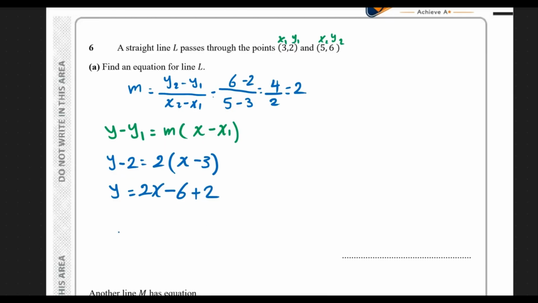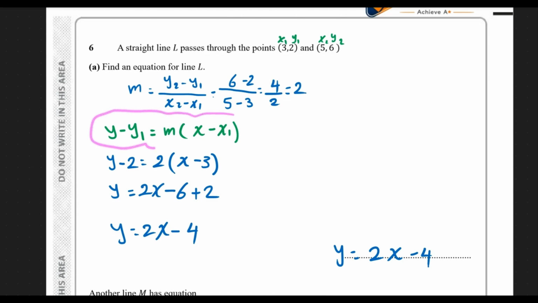So the equation now is y equals 2x minus 6 plus 2, which is minus 4. So this is your answer now: y equals 2x take away 4. That's why I believe this equation is easier and avoids any confusion afterwards. But again, it's up to you which equation you would like to use here.